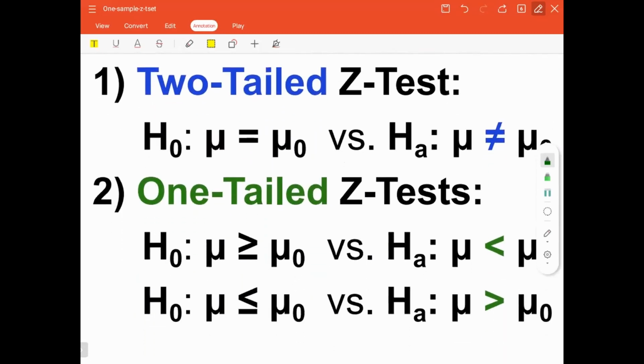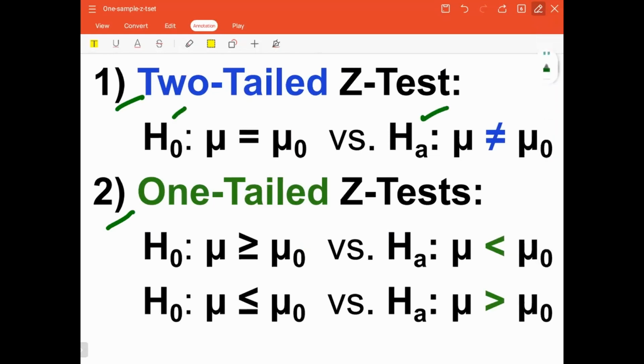Now, these are the types of z-test, of course. A z-test can be two-tailed or one-tailed. Well, madali lang guys, no? Kung paano natin ma-determine kung two-tailed ba o one-tailed yung z-test, just look at the alternative hypothesis. Again, we denote the null hypothesis by H0 and the alternative hypothesis by HA.